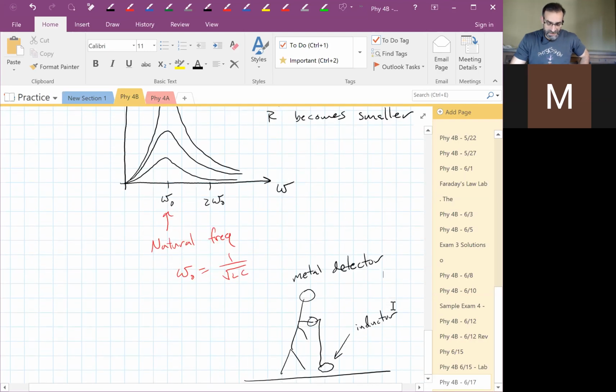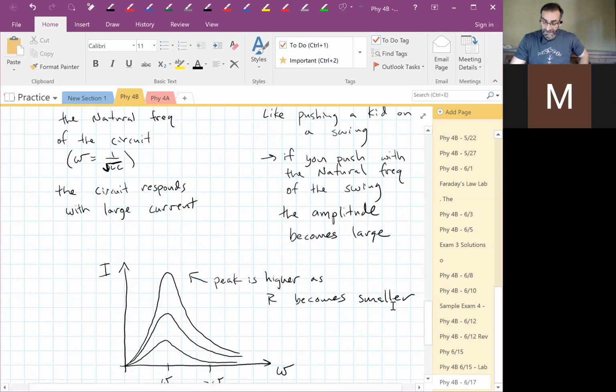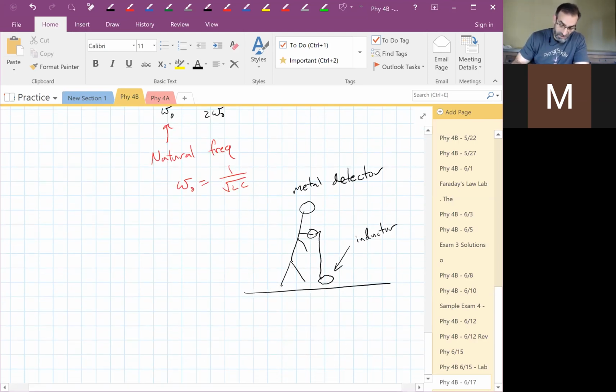All right, so metal detectors are one example. Actually, the magnetic field from this coil of wire, let's just draw a coil of wire here. This is the inductor.